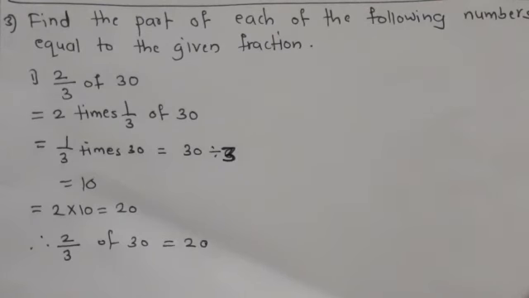So multiply 10 by 2, means 2 times 10 is equal to 20. So 2 upon 3 of 30 is equal to 20. Remaining sums you can solve on your own.